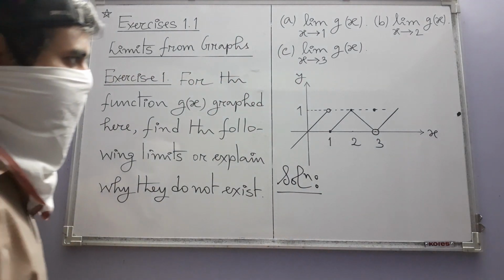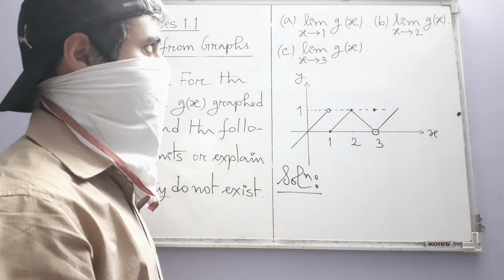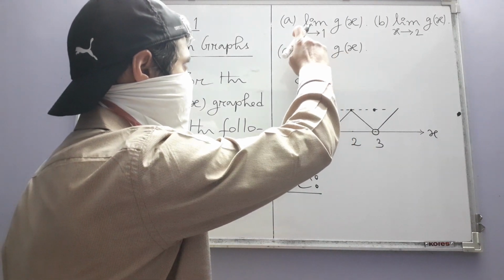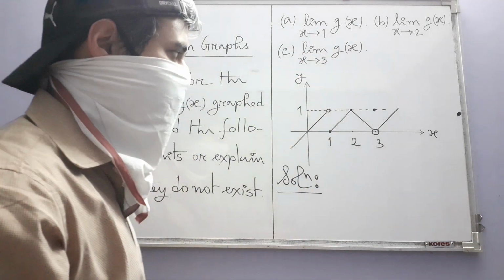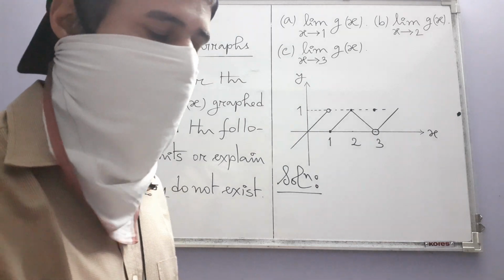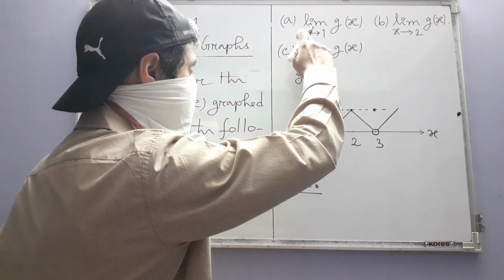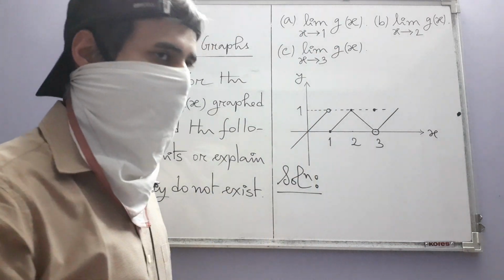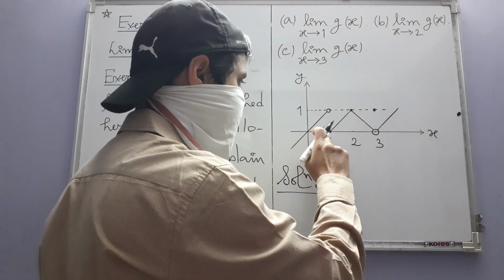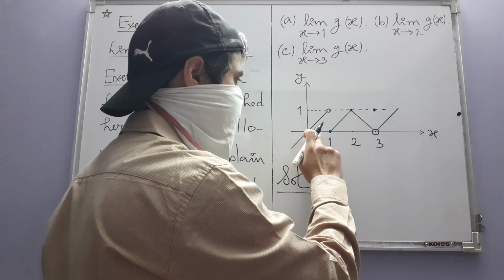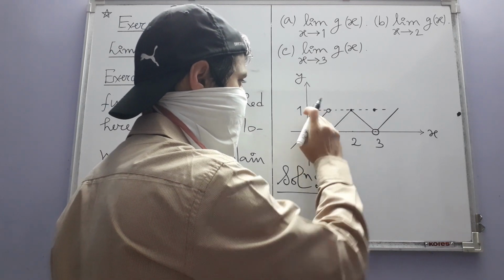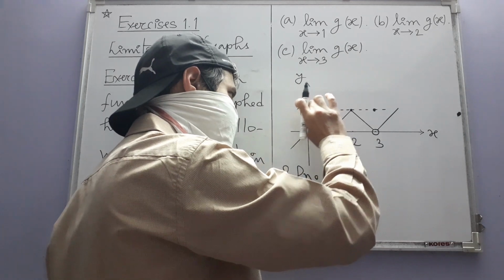So when deciding whether a limit exists or not, say in this one, as x is approaching 1, we have to see what happens to the functional values as we take the input values close to 1. Now if you take the input value close to 1 but on the left side of 1, then you can see that the output value becomes close to 1.